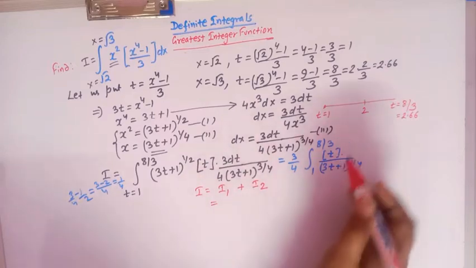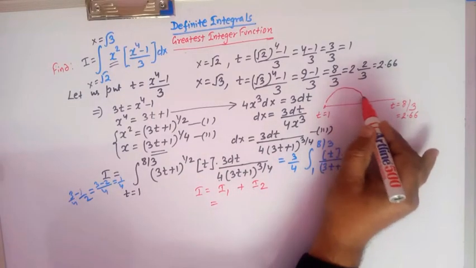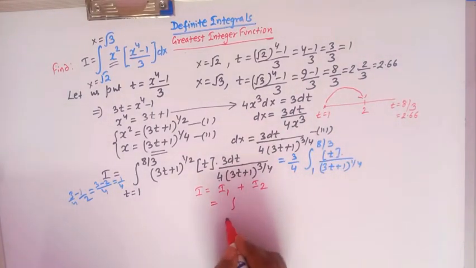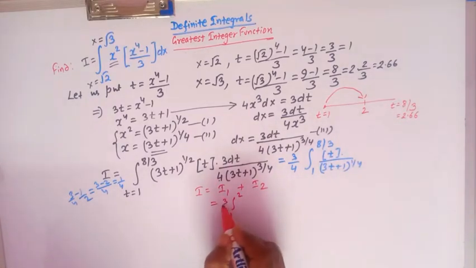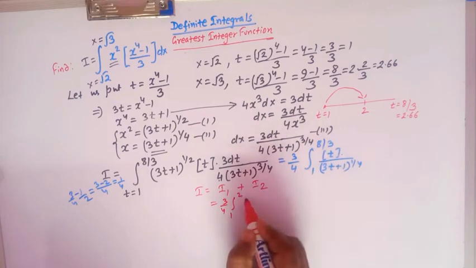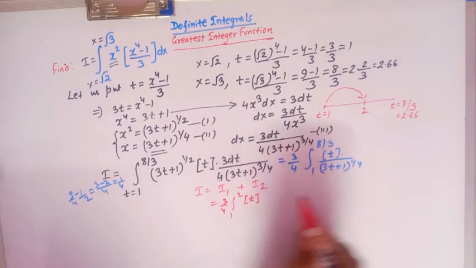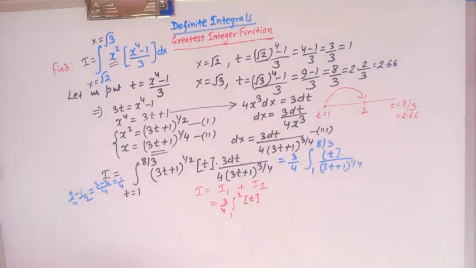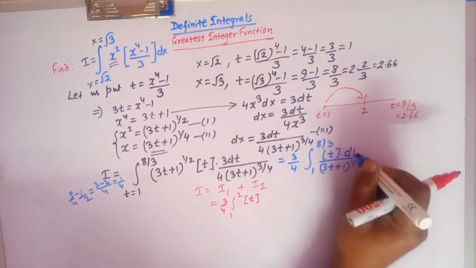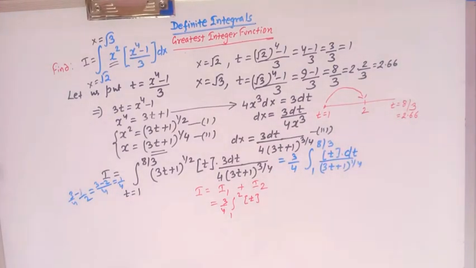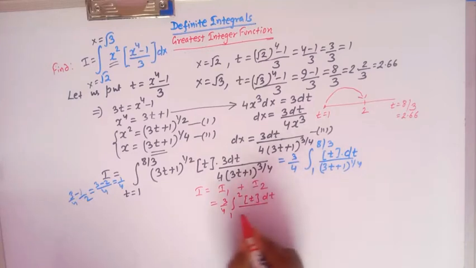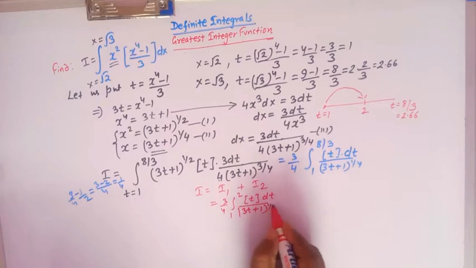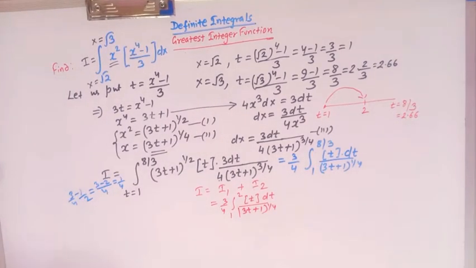So I1 goes from 1 to 2, and we have the integrand greatest integer t dt over (3t + 1)^(1/4), right?